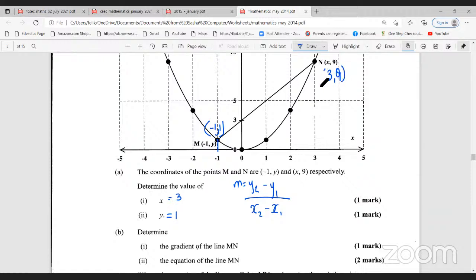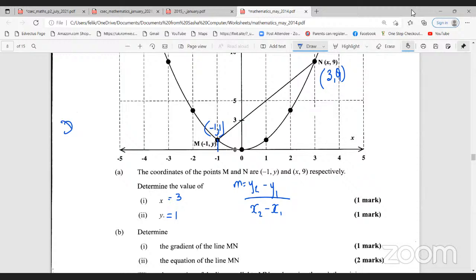Good. Now you can choose any of the points. You call one the one coordinate and one the two coordinate. Whichever you want to make one or two, it doesn't matter. You get the same answer. My x1 and y1 is there, and the next one is my x2 and y2.